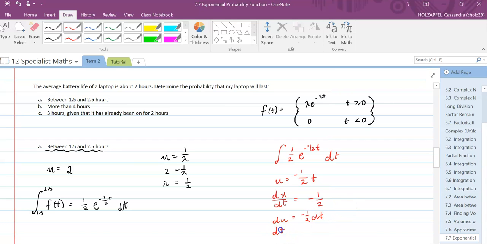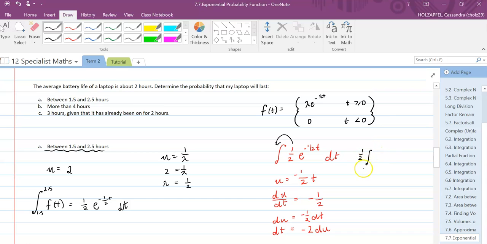And so dt is going to be equal to, if we multiply both sides by -2, that would get rid of this negative 1/2 at the front here. So I end up with dt is equal to -2 du. Then I can substitute those values into my function. I'm just going to pop this 1/2 value at the front.